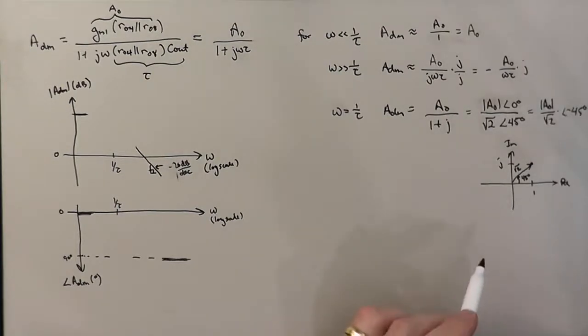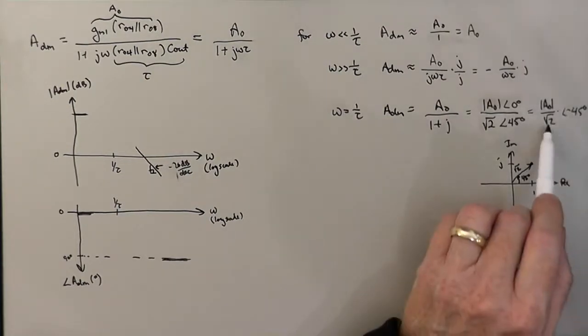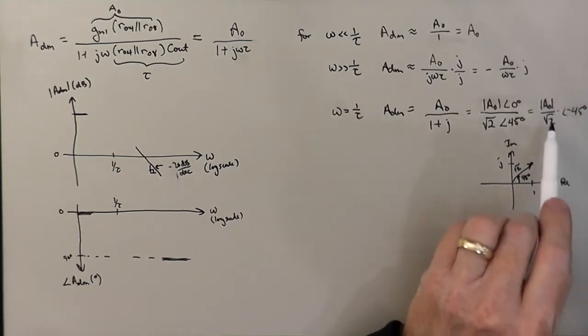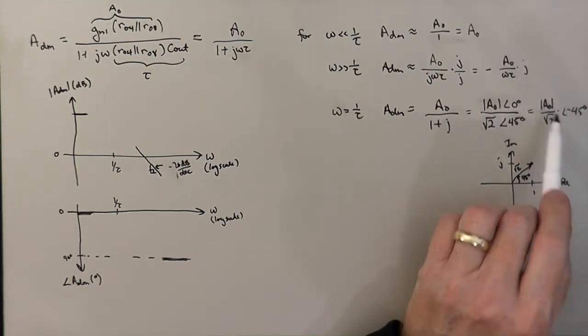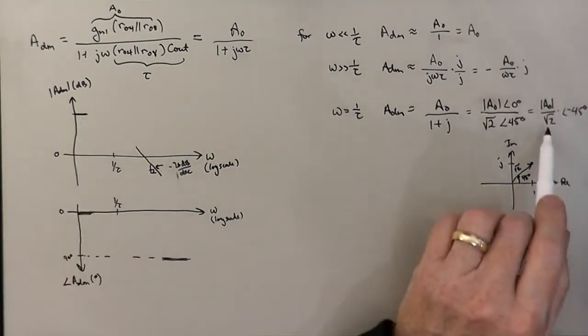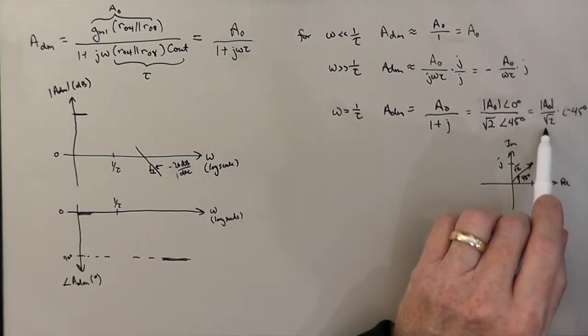And so A0 divided by root 2, if we convert that to dBs, we get whatever the magnitude of A0 was, which is denoted here in dBs. And then because the log of a ratio is the difference of the logs, we're down by whatever root 2 is in dBs.